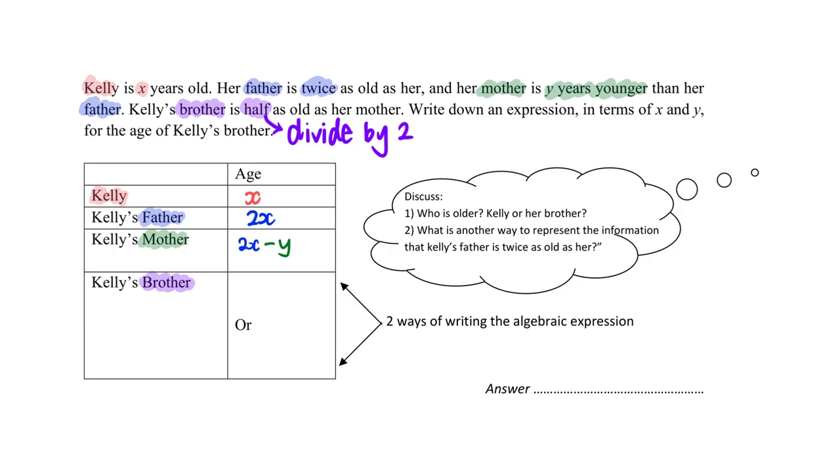Alright? And therefore, there are 2 ways to look at it. You either divide by 2 or you can actually write it as multiply by half. Both mean the same.